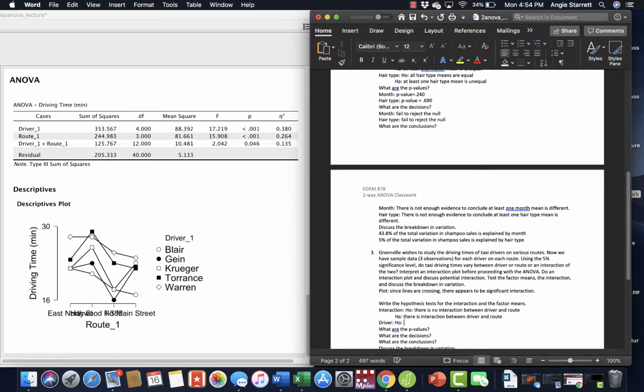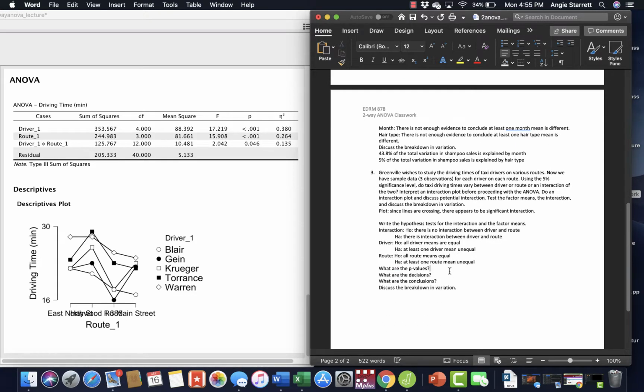So that null is going to look like all driver means are equal, and an alternative of at least one driver mean unequal. And we've got route here of all route means are equal, and an alternative of at least one route mean unequal.